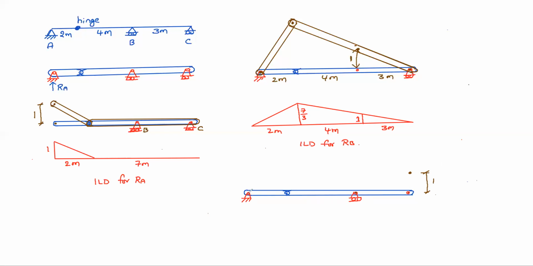At A support is there, it cannot be dislocated. Those points should not be displaced. So from the known points, B and C, side by side, you can join these 2 points like this.